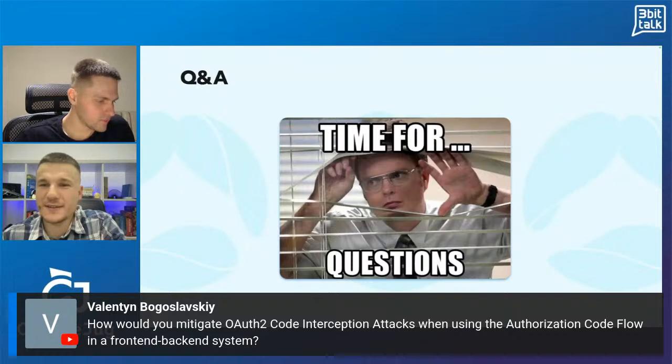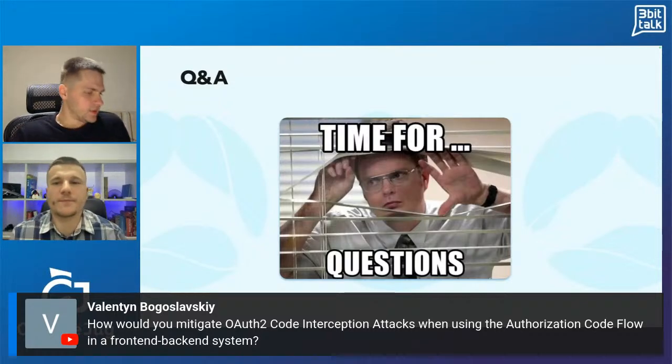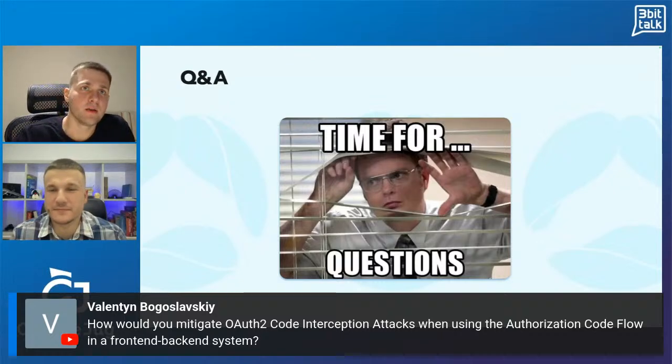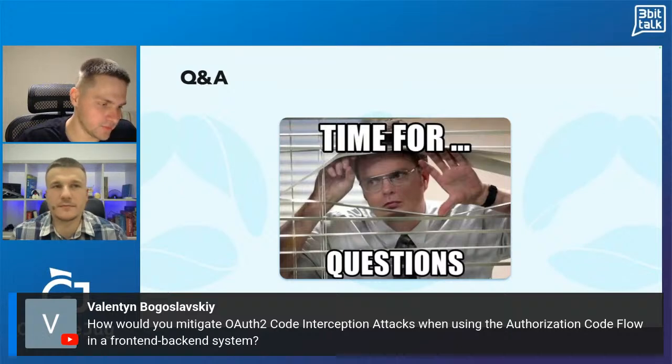How do you mitigate OAuth2 code interception attacks when using the authorization code flow in a front-end and backend system? From Valentin Boleslavsky. Oh, that's a good question. How to mitigate code interception attacks? Well, actually, you have to configure your identity provider thoughtfully.